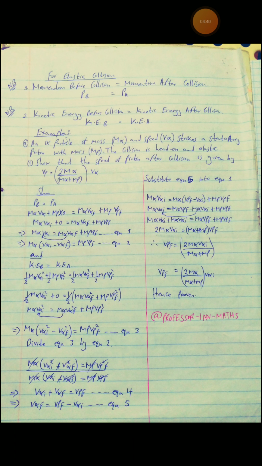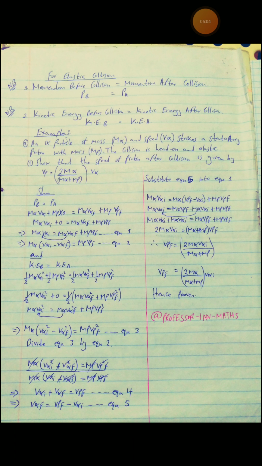Now, since we have factored out a half and on the other side you have a half, those two cancel out, so we are left with m alpha v alpha initial squared is equal to m alpha v alpha final squared plus mp vp final squared.